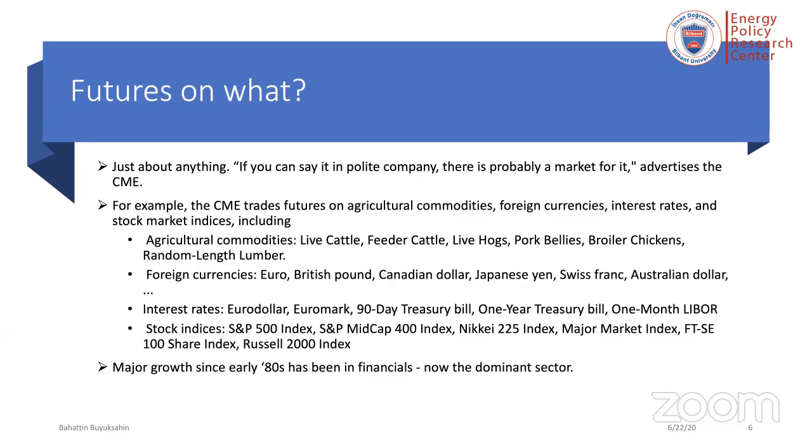You can write a contract on just about anything. CME says, if you can say it in polite company, there is probably a market for it. For example, CME trades futures on agricultural commodities, energy commodities, soft commodities, foreign currencies, interest rates, and stock market indices. If you look at agricultural commodities, there are live cattle, feeder cattle, live hogs, pork bellies, broiler chicken, random length lumber.